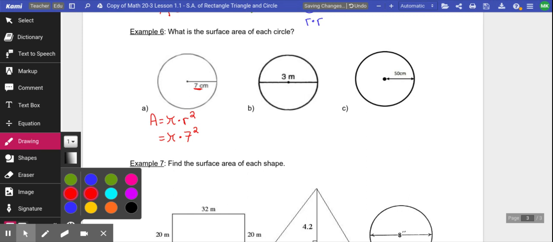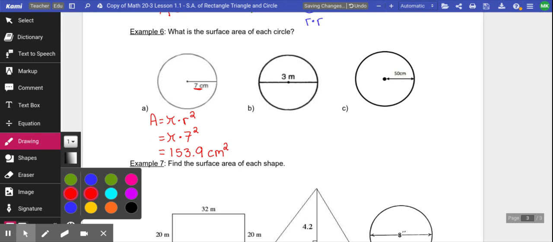If you put that in your calculator, it comes to 153.9. You'll notice with the circles, I'm always just going to do the first decimal. And again, it's centimeters squared. So make sure you're putting units, right? It is going to matter.